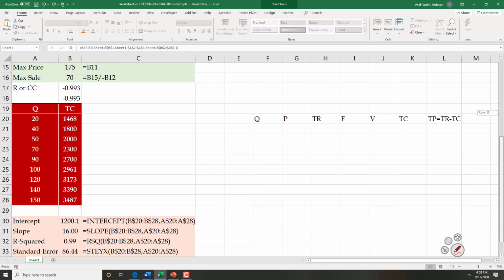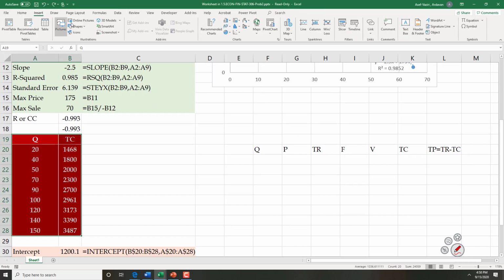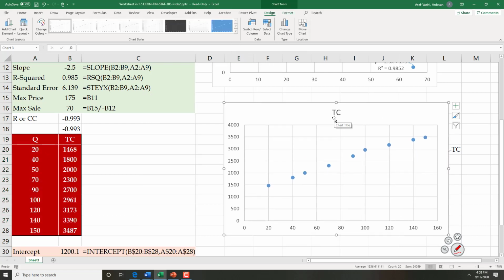Again, I can take this data, insert, scatter graph, and I can have it this way. Now in this situation, we are looking for this line. This is fixed cost, and if I go 1 unit to the right and then above, this would be my variable cost.